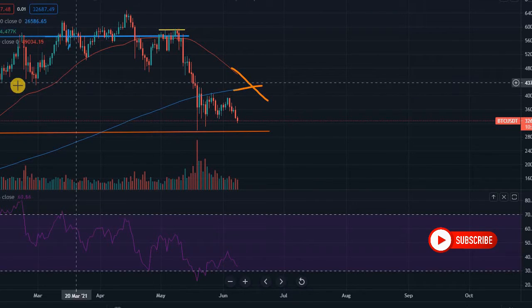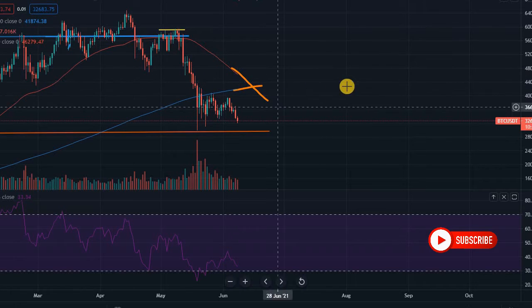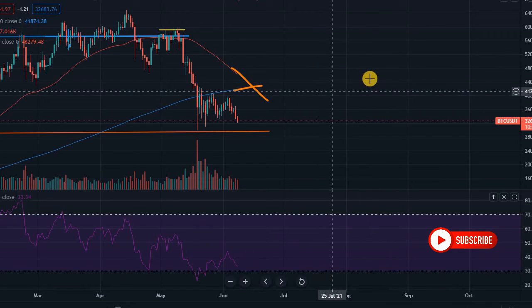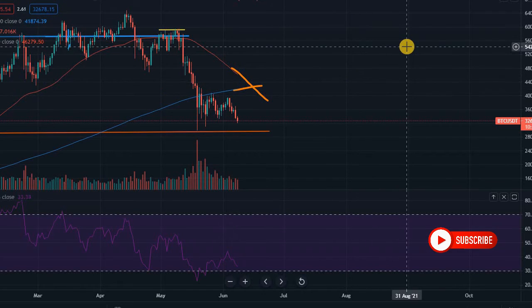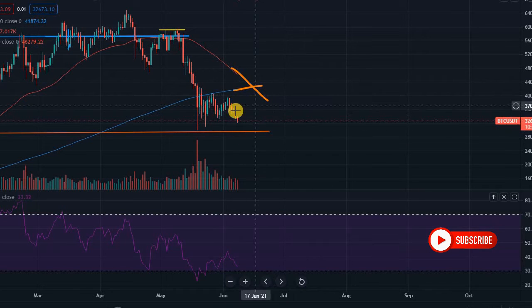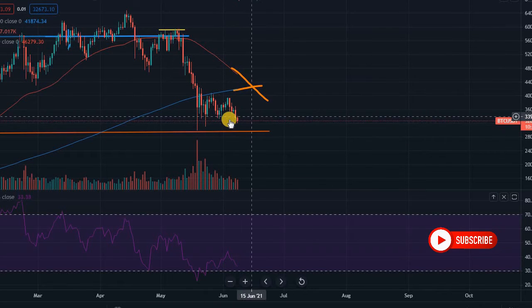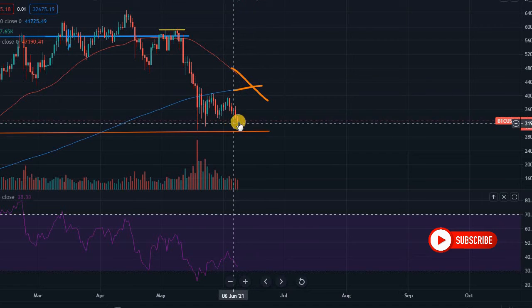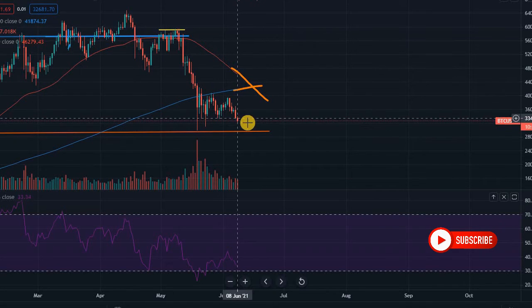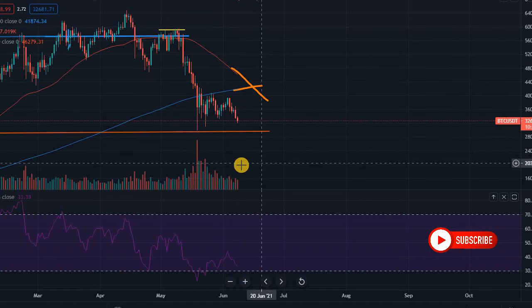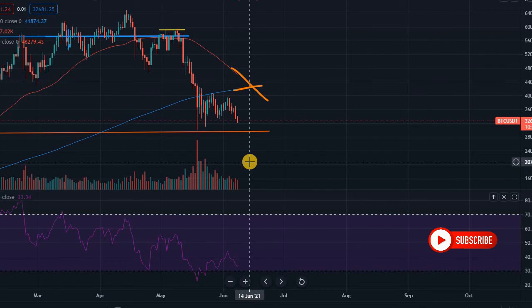But if I talk in perspective of BTC price, I don't think again that this is the bottom, 30,000. I think we will go further down, and I'm expecting to see levels around 25, 26, and we don't know, if there are any other bad news, even we can see lower levels. So that is also possible.